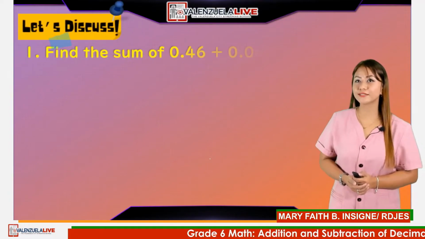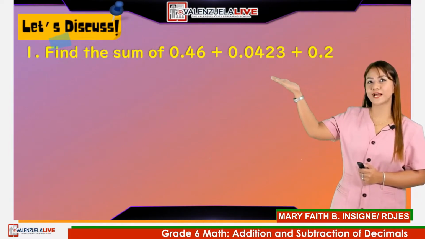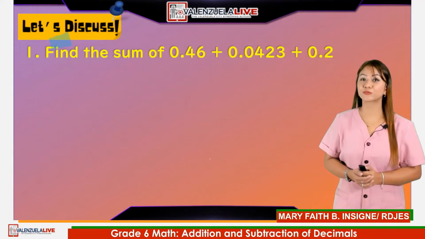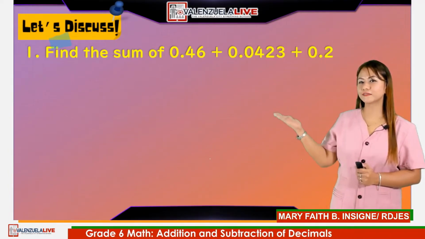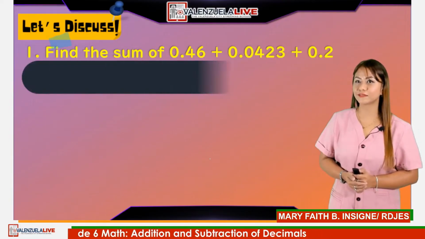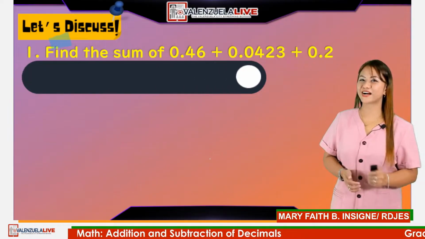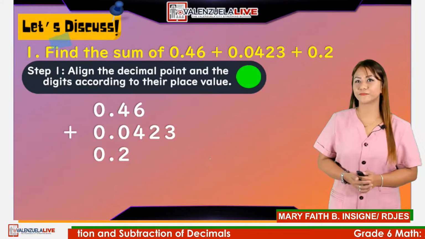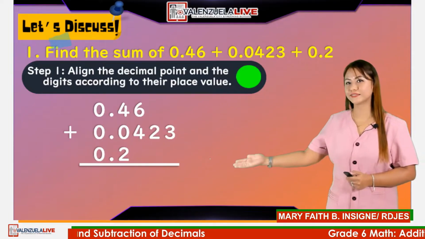For number 1, find the sum of 46 hundredths plus 423 ten-thousandths plus 2 tenths. Here are the steps in adding and subtracting decimal numbers. Step 1, align the decimal point and the digits according to their place value, just like this.